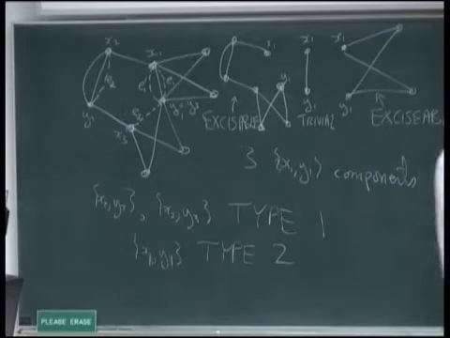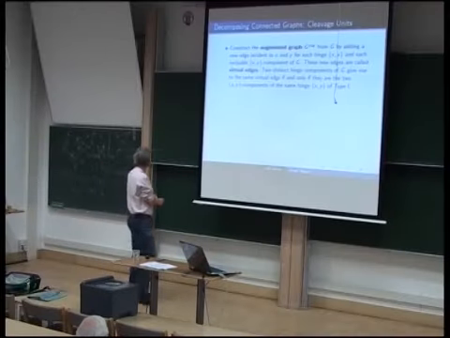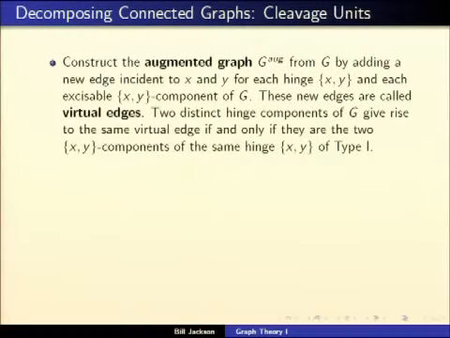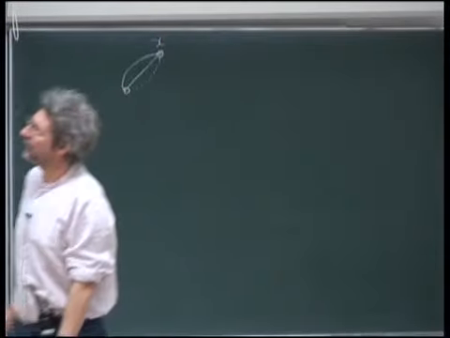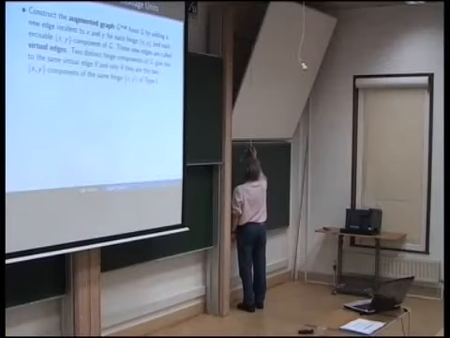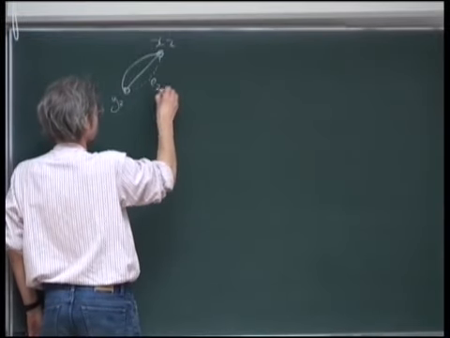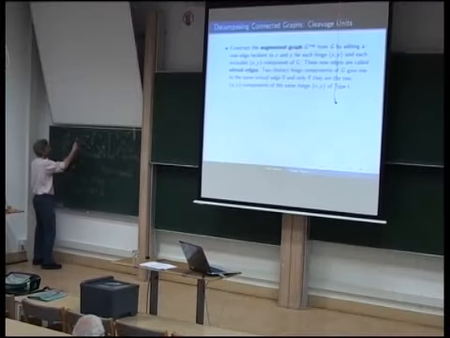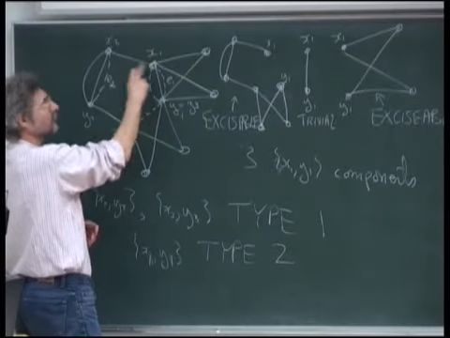I'd like to be able to see myself pulling it apart, but I don't think there's room. So first we will pull off the multiple edge. Now we're going to create the cleavage units. The first cleavage unit will be x2, y2, and I guess this is E2. Now if we pull off along this virtual edge and this virtual edge, we'll be left with a cycle of length 5.